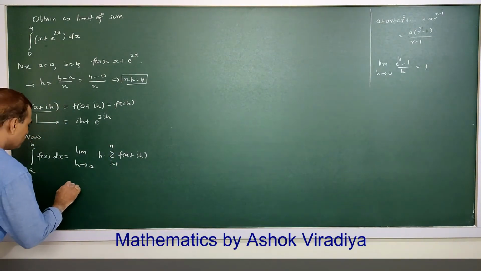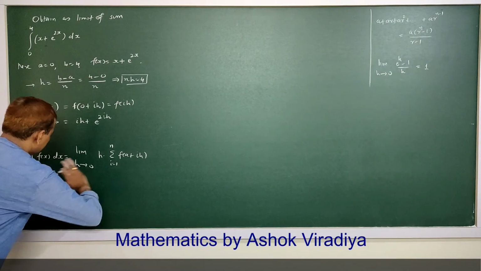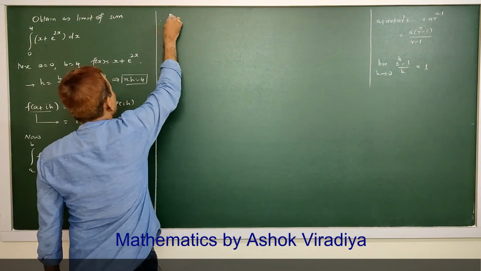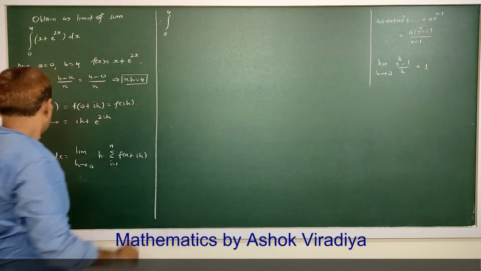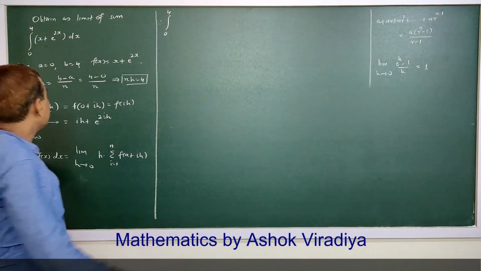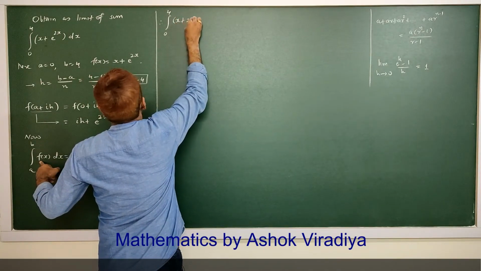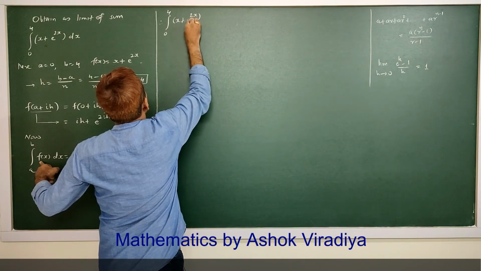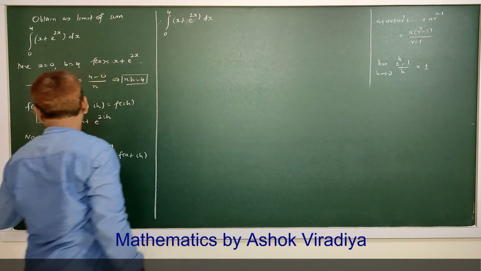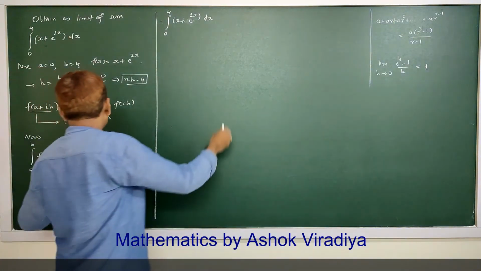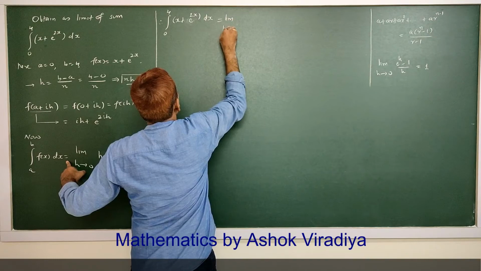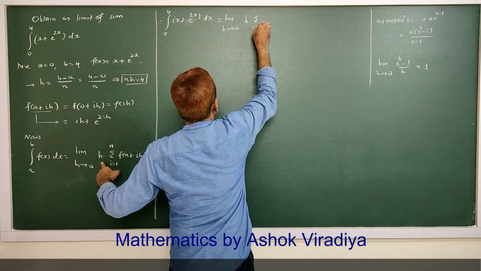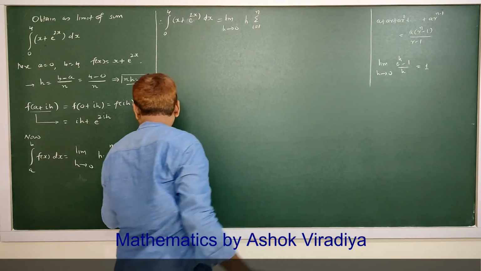So putting values, integral 0 to 4 f(x) dx, that is x plus e raised to 2x dx, is equal to limit h tends to 0 of h into sigma i equal to 1 to n f of a plus ih.